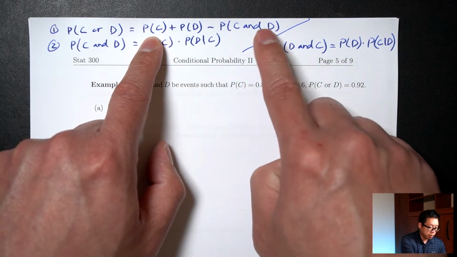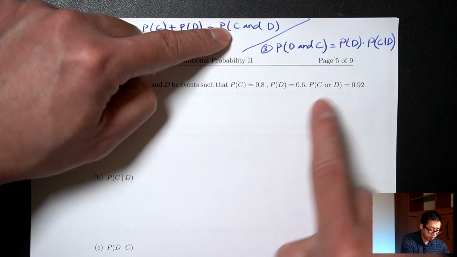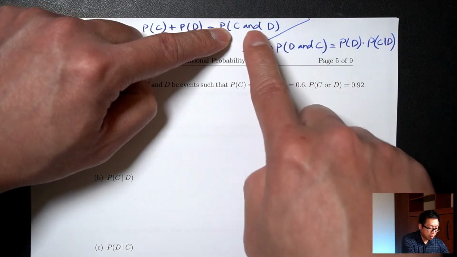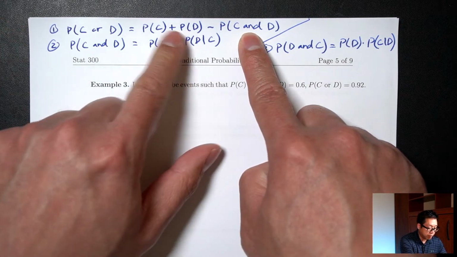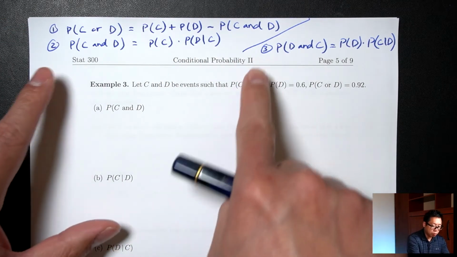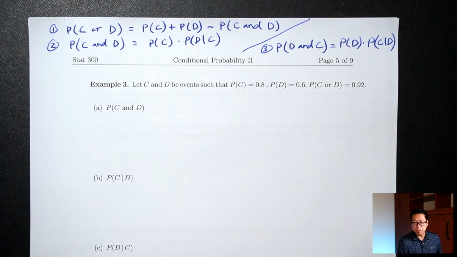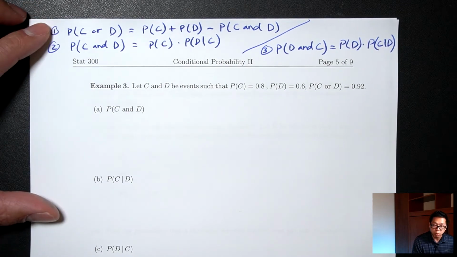Yes, it's 0.8. Do I know C or D? Yes, it's 0.92. Okay, so equation 1 is going to be good because I know everything else. So let's use equation 1. And then you'll see that for the other ones, you can't use them because there's something that you don't know in each of those formulas. So the only one that's going to work in this situation is going to be equation 1.